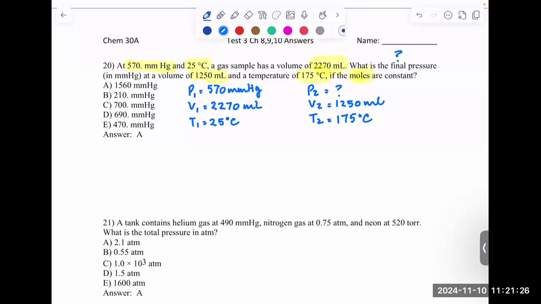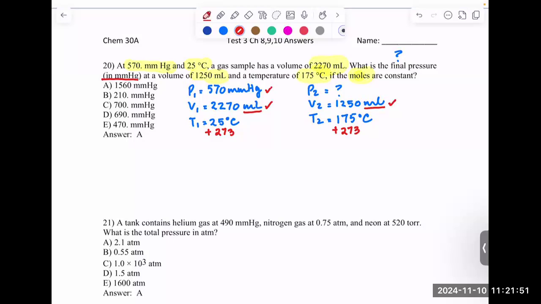Okay, now a few things here. Always convert the temperature to Kelvin, so add 273. Now here this is milliliters, so leave it as it is. If there was a change, then you needed to change it. Now, what is the final pressure in millimeters of mercury? So they want it in millimeters of mercury, so we don't need to change it.